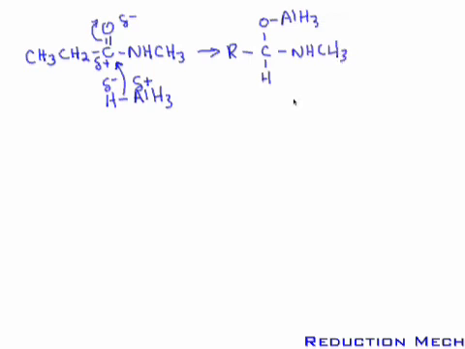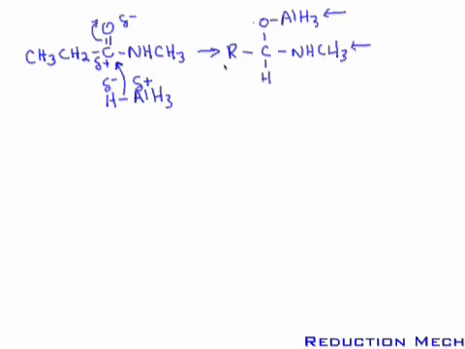Now at this stage, what happens next is determined by the leaving group ability of two possible leaving groups. Normally what we would see is the oxygen dumping in electrons, stabilizing a carbocation by resonance, and kicking out this leaving group. But the question we've got to ask is, who is the better leaving group? This or this?